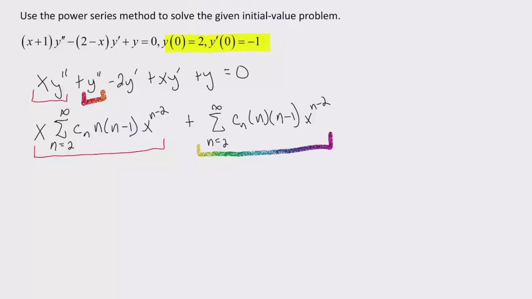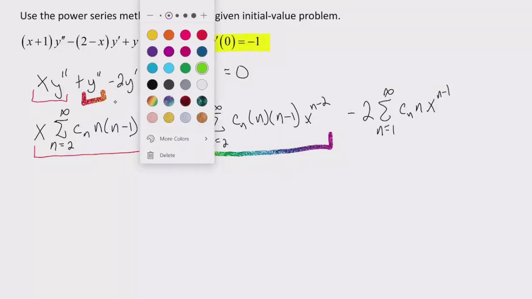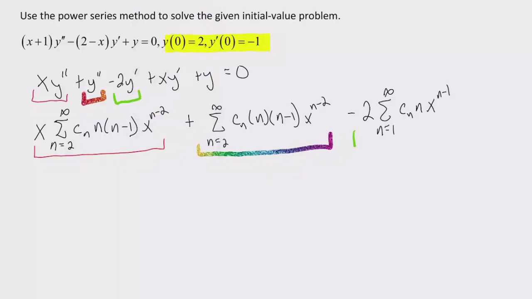And then minus 2, and then the first derivative. So that's n equals 1 to infinity c sub n times x to the n minus 1. And I'm getting out of room a little bit here. Let me adjust my settings on that. Don't need a big giant pen. Okay, so that's that piece right there.